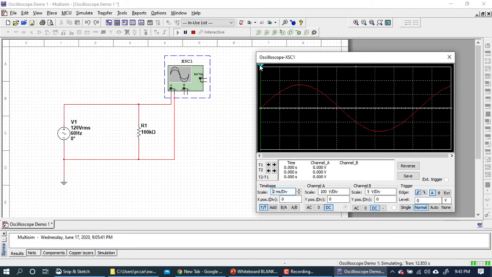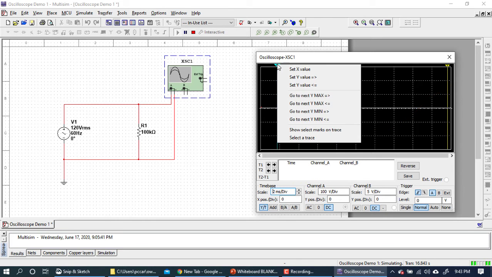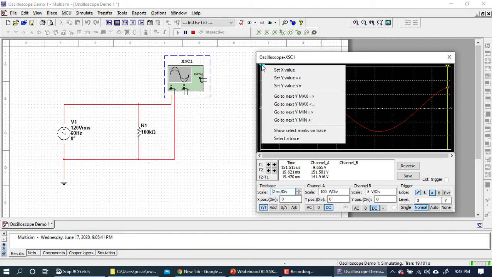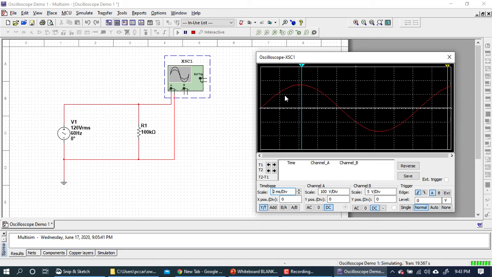All right, so now let's grab a cursor and let's bring it over. Let's just get cursor 2 over here out of the way. Let's bring cursor number 1, and let's try snapping this to the peak. So right click, go to next Y max. There we go.